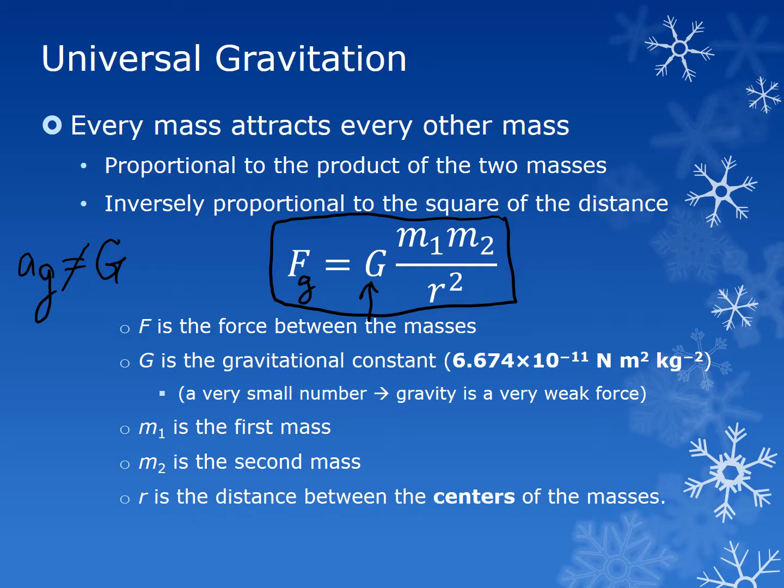This capital G is the universal gravitational constant, and it works for the entire universe, no matter where you are in the universe. It is 6.67 times 10 to the negative 11. That's the magnitude of that number. And it has a unit of newtons times meter squared divided by kilograms squared.